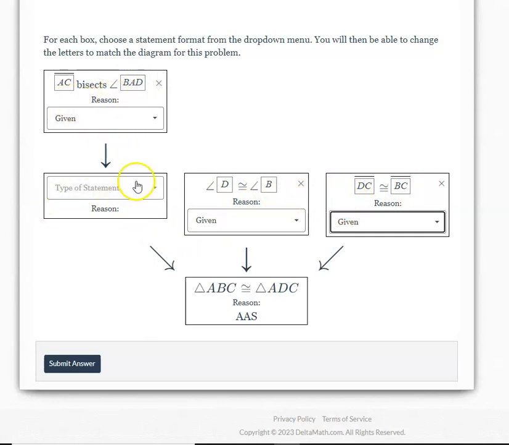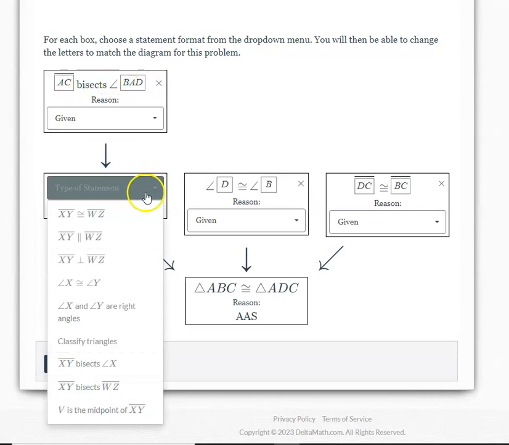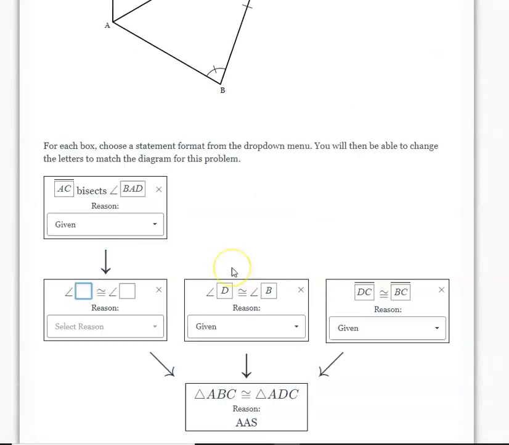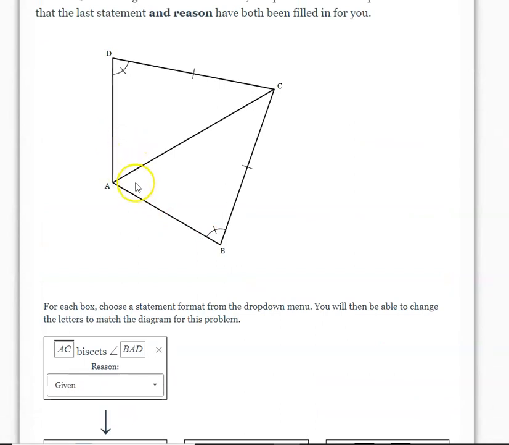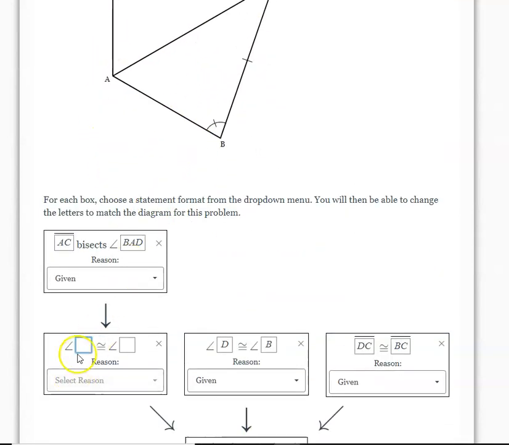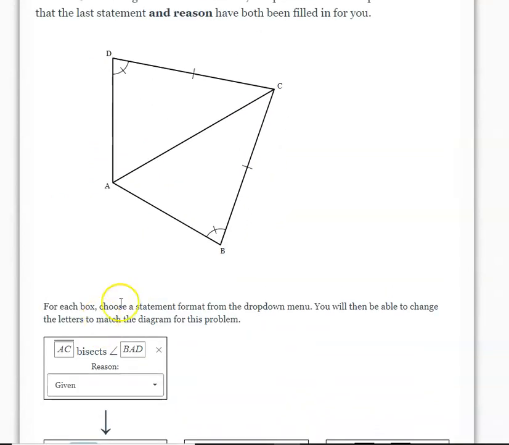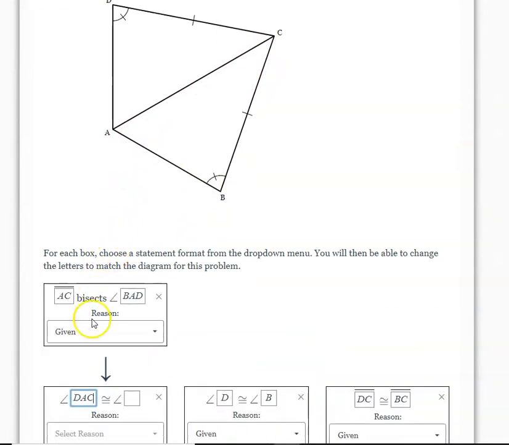So again, angle bisector, what it does is it divides the shape up into two congruent angles. So that means we're going to place angles here. Because the angle A is being cut up into two pieces, that means there's two angles here at A. We have to use three letters. So angle DAC is one of them, and angle BAC is the other one.